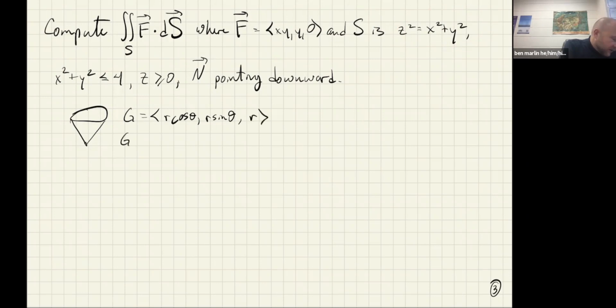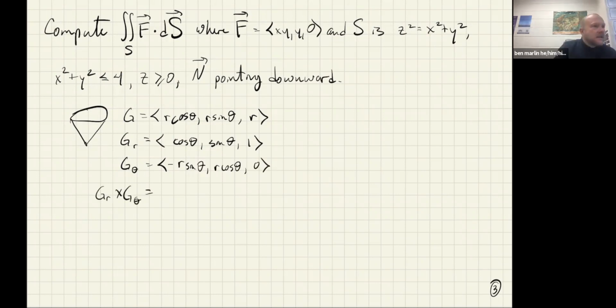So now we'll do our G sub r and have cosine theta, sine theta, 1, and our G sub theta will have, let's see, minus r sine theta, r cosine theta, 0 here, and then the G sub r cross G sub theta for that.